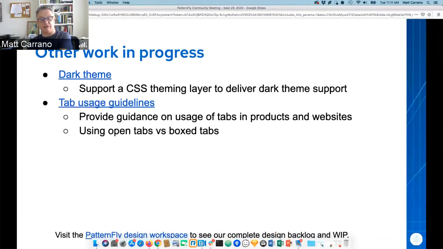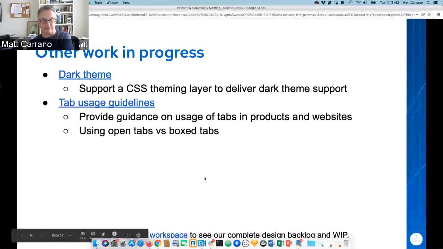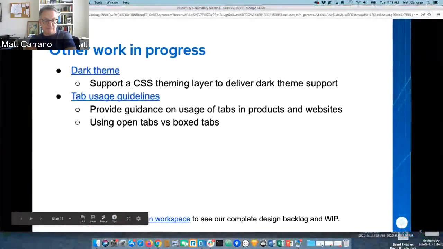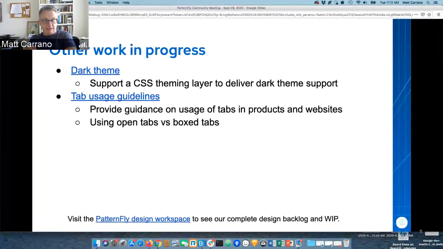Dark theme work, which Michael Saldonia and Marie Dorskova are currently working on, and then tab usage guidelines that Gina Doyle is currently preparing. So that's it. You can visit the PatternFly design workspace for a more complete look at what we're currently working on within our design sprint. And that's it. Any questions?